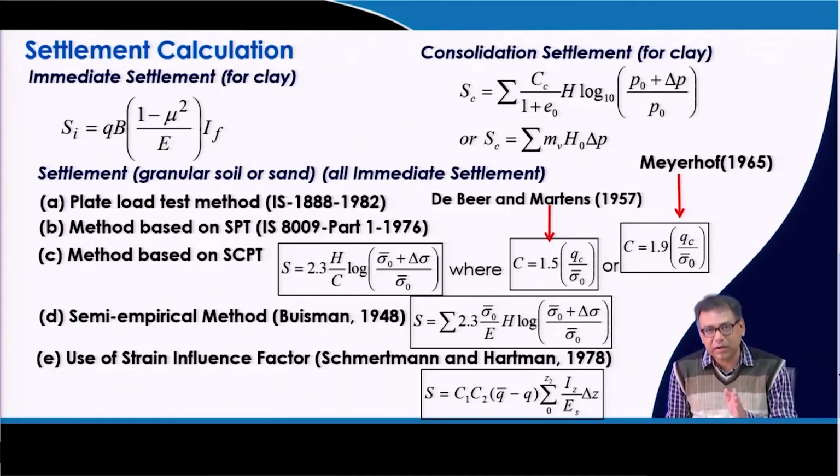I will discuss the different terms of this equation, and then I can calculate the consolidation settlement. The first term will give you the immediate settlement, then the consolidation settlement, and for that I can use either the top equation or the bottom equation. So, this is the primary consolidation settlement. If I add the immediate settlement and the consolidation settlement, then I will get the total settlement of a foundation resting on clay. And for granular soil, as I mentioned, the immediate settlement is the major part of the settlement.